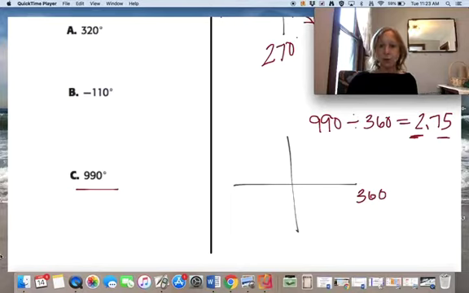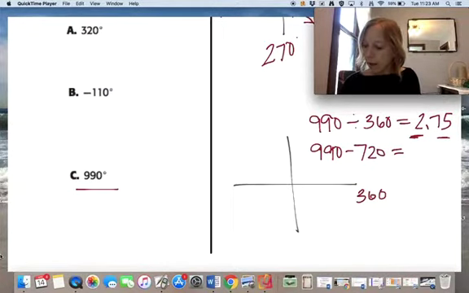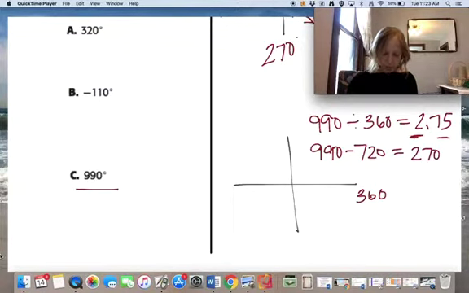Now I can just do that with my coordinate plane, or what I could do is I could do 990 minus 720, because that's 2 times 360, and I would get 270 degrees. So if you don't know that that's what 3/4 of the way around is, you could always subtract and figure that out.